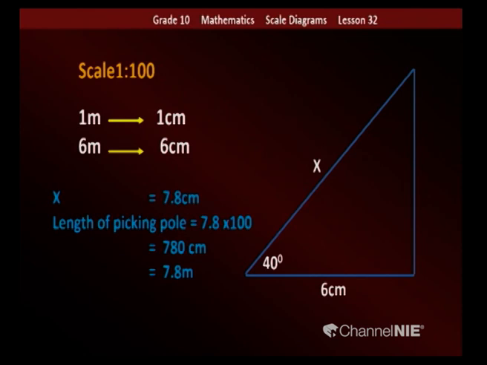Now in the scale diagram, you can measure the length of x. I have done it for you. X is 7.8 cm in my scale drawing. Now I want to convert into actual length. 7.8 I have to multiply by 100. So the length of the picking pole is 7.8 meters.